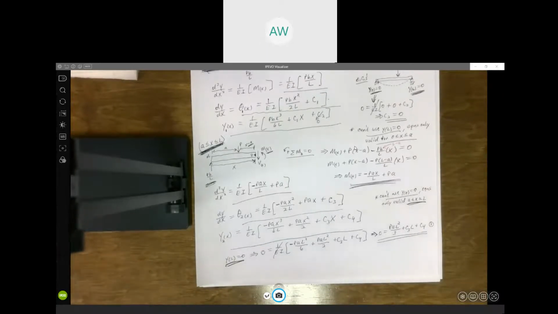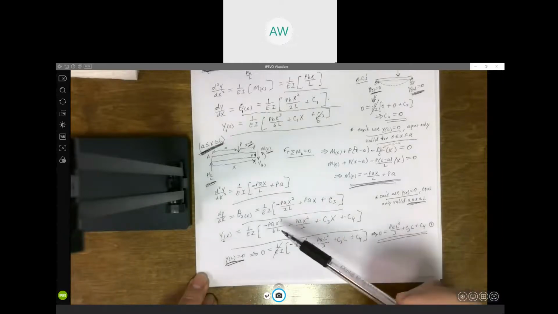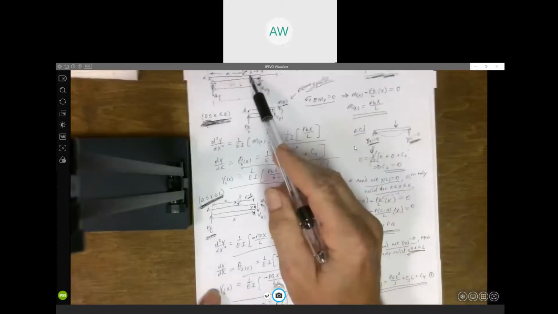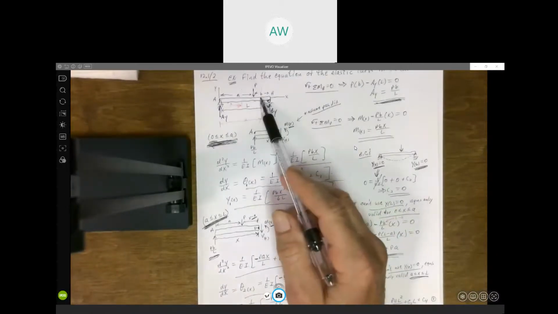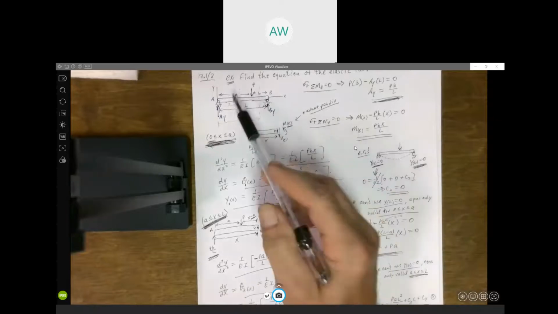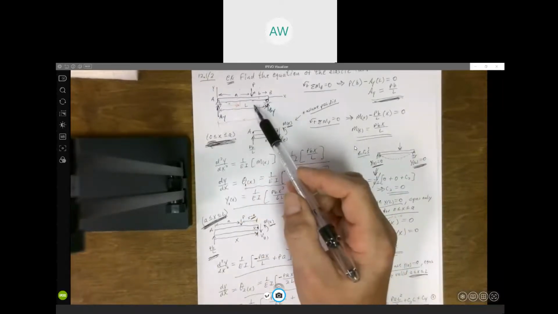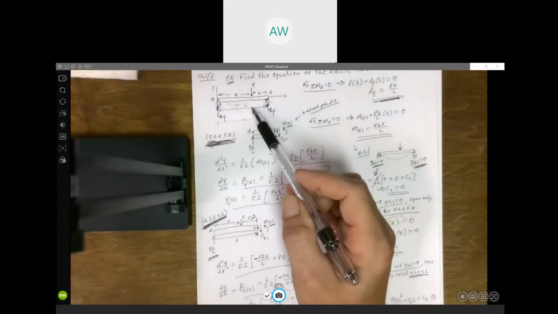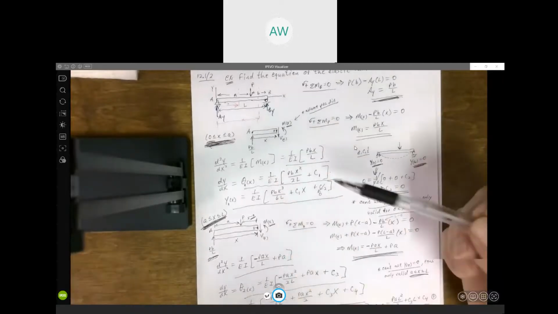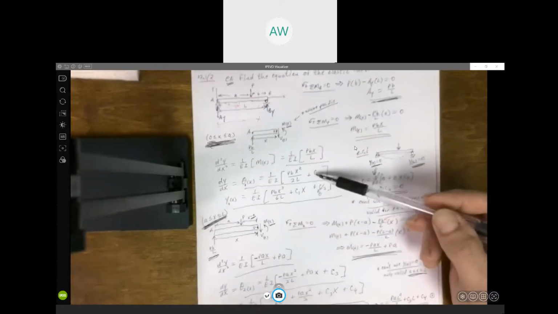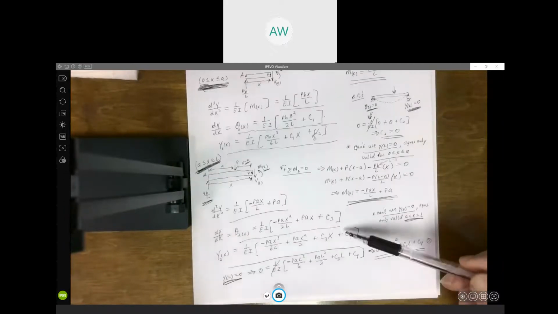But basically what the continuity condition says is, these equations here are good for this part of the beam. The equations I got here are good for this part of the beam. But right there where they meet, when x is actually equal to a, these equations have to give me the same values as these down here do, right?